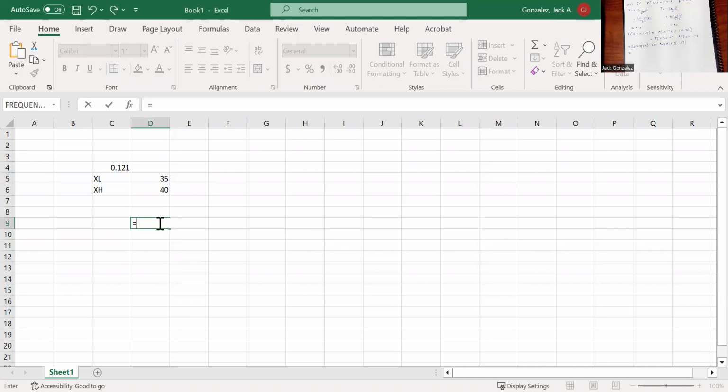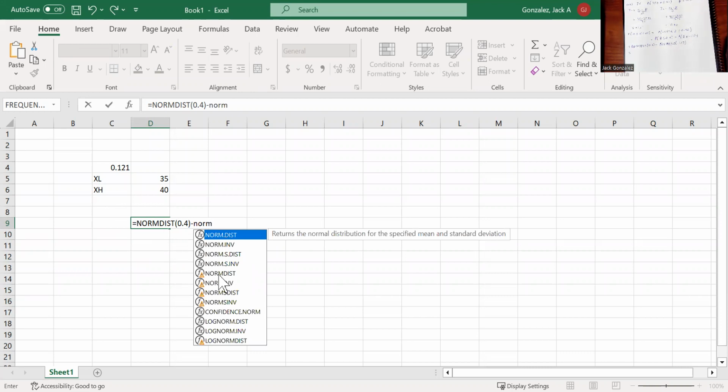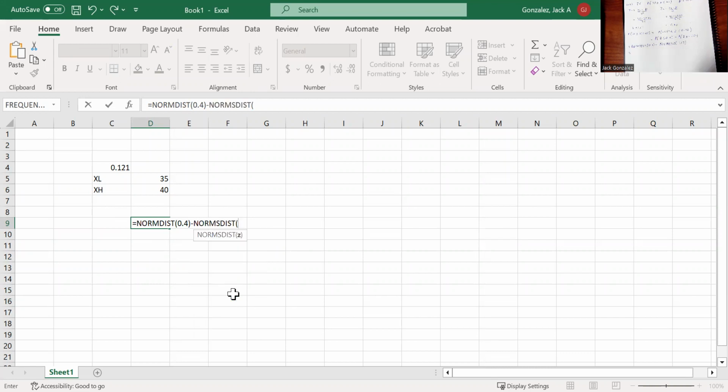So it'll be equal to the normal distribution of 0.4 minus the normal distribution of negative 1.17.